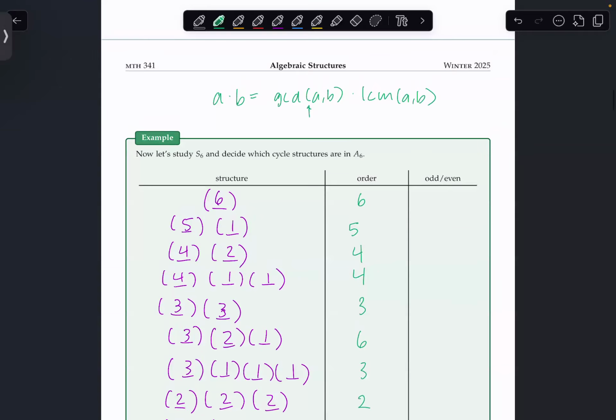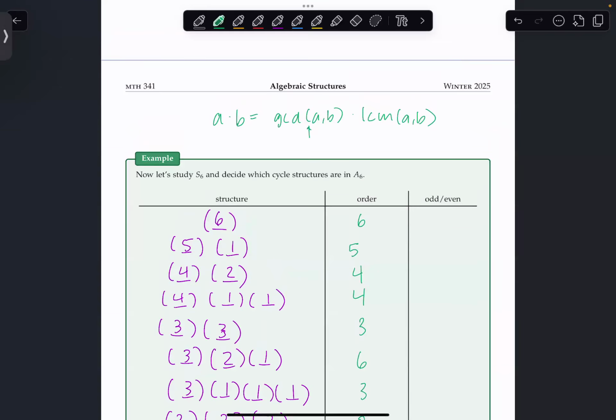Okay, let's think about this. If I had my 4 and 2, what is my GCD of these two numbers? 2. This is the biggest divisor between the two, since 2 is already a divisor of 4. But if I think about their prime decomposition, I have 2 squared and I have 2 to the first.